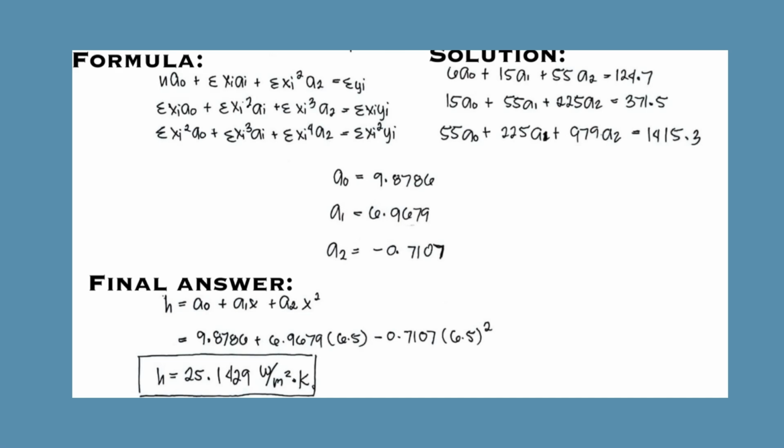And the final result will be your answer: h is equal to 25.1429 watts per meter squared Kelvin. So that is our final answer using quadratic regression in heat transfer coefficient.